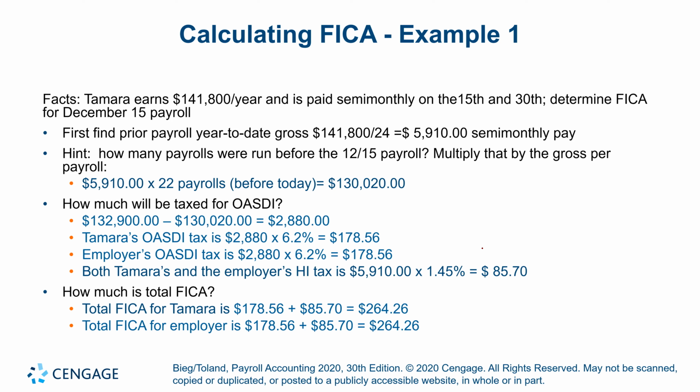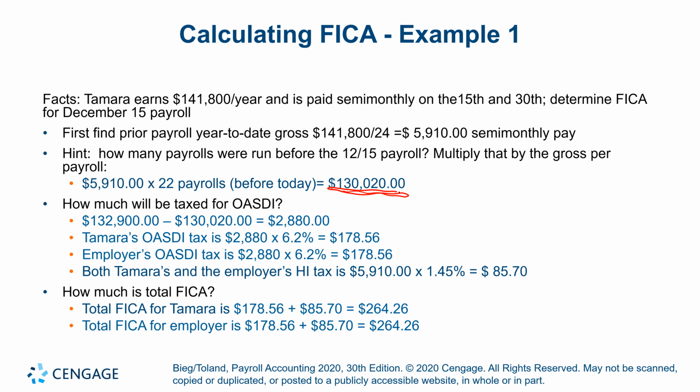And then, depending on where we're at in the year, in this case December 15th, we can say this person has been paid, up to this point, $130,020, right? So remember, the maximum is $132,900.